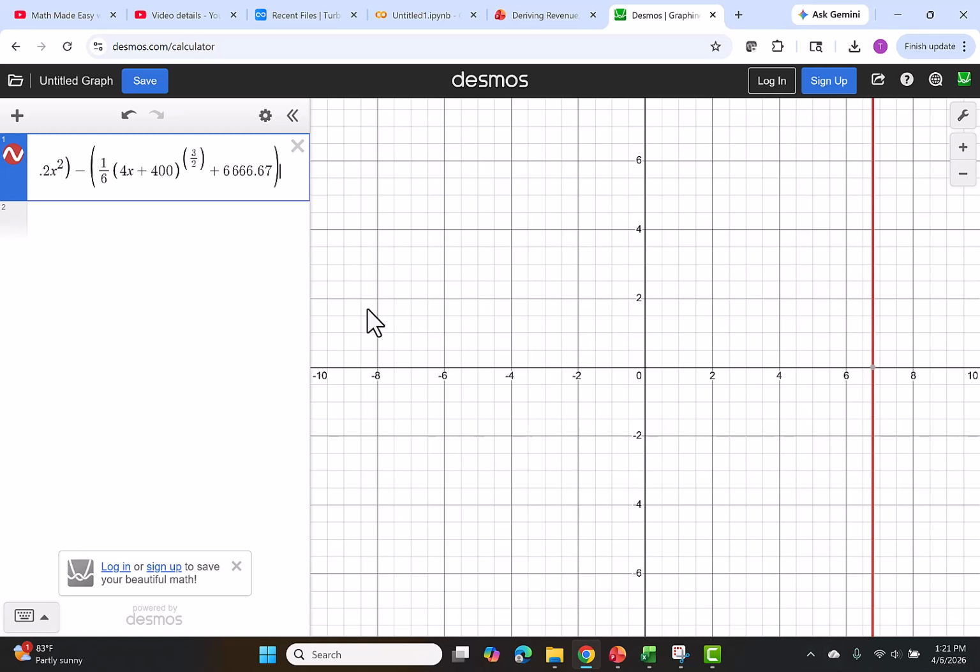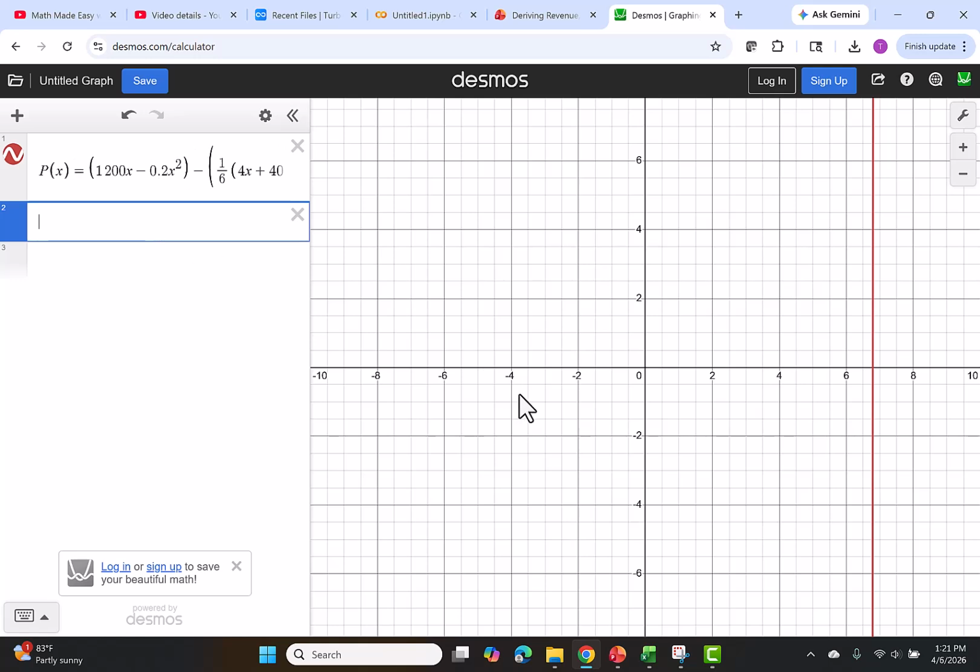Now that we have our profit function in, we can put in P of 150, which gives me an answer of $163,562.87. Using the calculator to do this part helps us out so that we don't have to put 150 in for each individual piece that has an x.